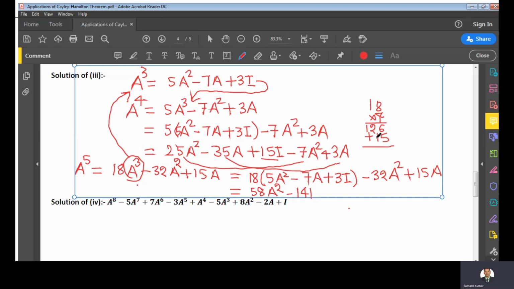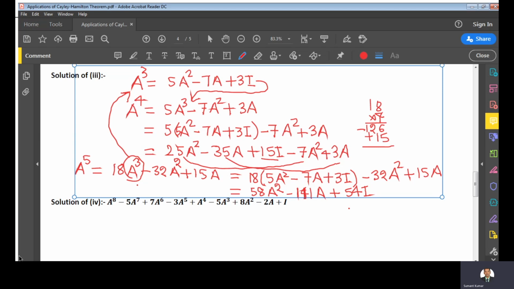So here minus is there, so it will become subtracted, so it will become what? 111, triple 1A, and here it will be 54i. So this expression is what? A raised to the power 5, right?